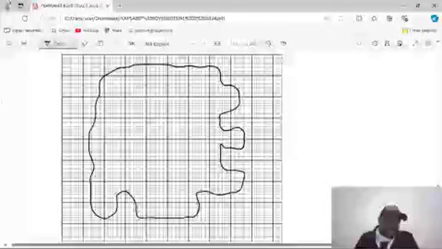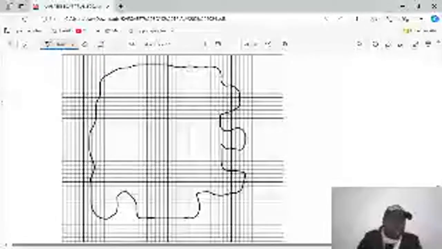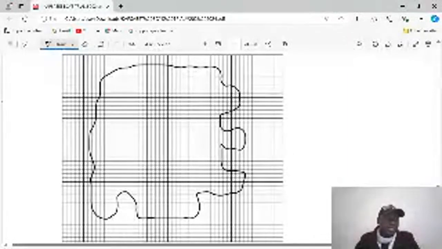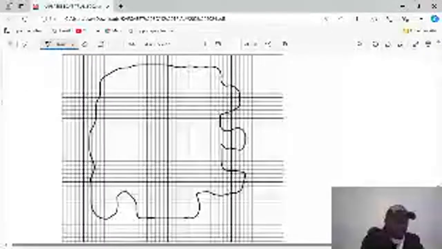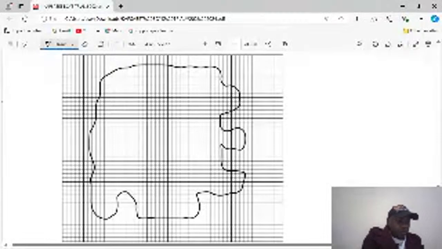I'm working on the screen to ensure that it becomes clear. I think it's now clear and everybody can see.